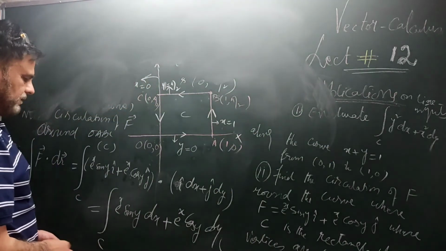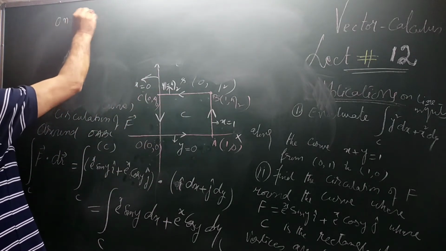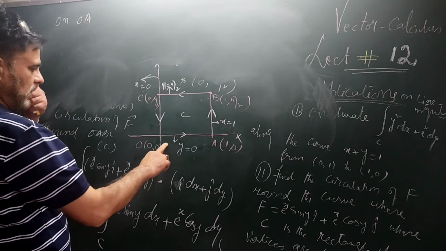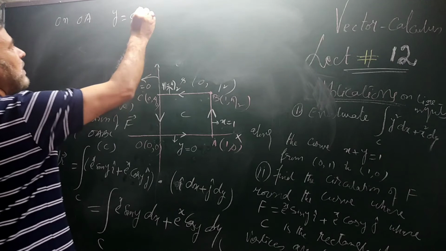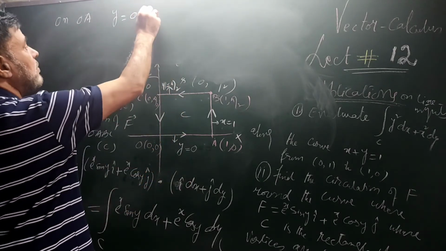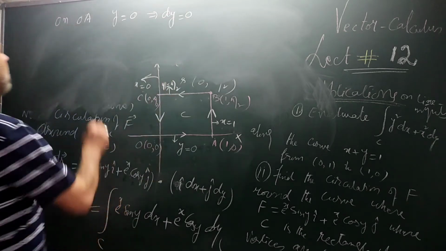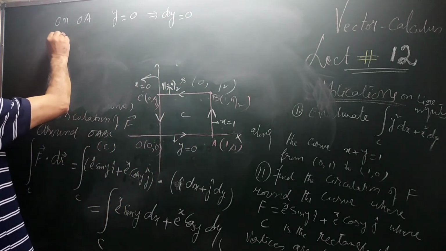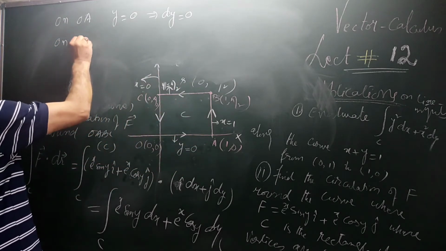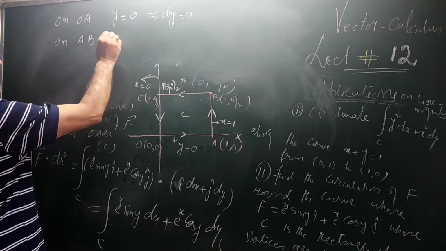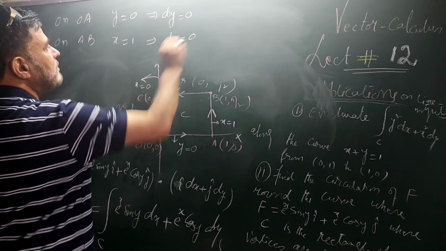Now you see, on OA we have y equal to 0, which implies dy is 0. Then on AB we have x equal to 1, which implies dx is also 0.